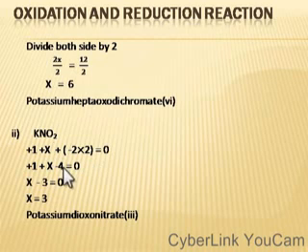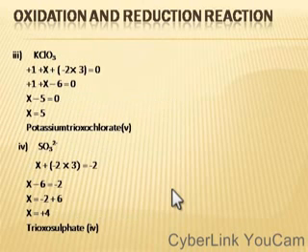Then we have plus 1 plus S minus 4, and then S is minus 3. S is equal to 3. And that is why we have the name there, potassium dioxo. Dioxo means we have 2 oxygen there. Potassium dioxonitrate(III), because nitrogen there has oxidation number of plus 3.